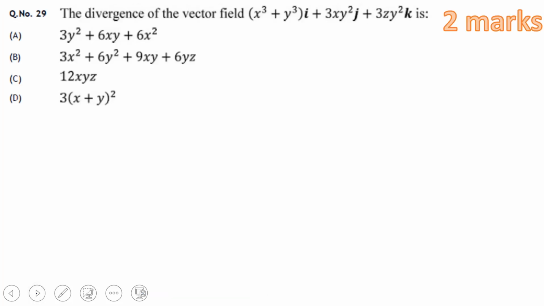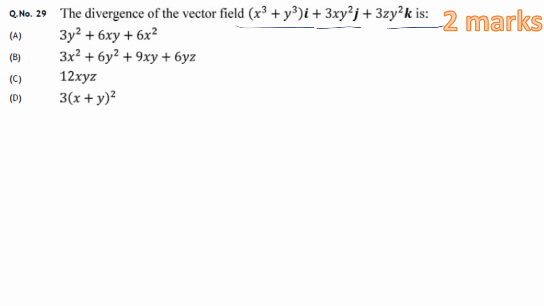Now let us move to the 2 marks questions. The first question is: the divergence of the vector field (x cube plus y cube) i plus 3xy square j plus 3zy square k is. Okay, so what is the divergence of the vector?